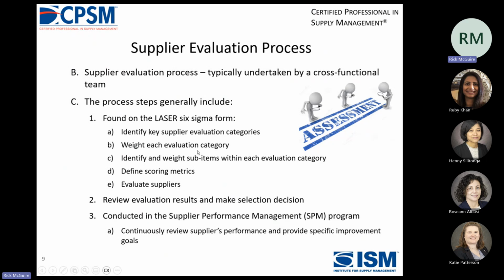This comes right off the CP laser when you're looking at new suppliers. Identify and weight the sub-items, define scoring metrics, and evaluate the suppliers. If you follow CP laser, you're doing all this. Review evaluation results, make the selection. And the supplier performance management program is what we do ongoing with our biggest suppliers.